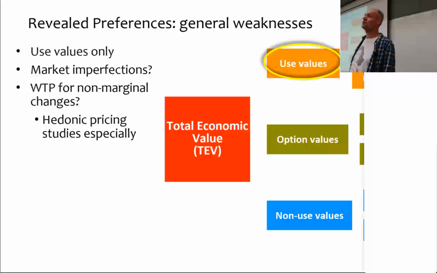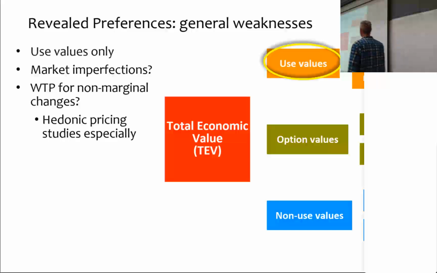You don't buy a house because you want to preserve the elephant, right? That is a completely ridiculous connection. And therefore there is no way of inferring from this sort of behavior. Option values are difficult. Non-use values are very, very difficult to infer using revealed preference methods.